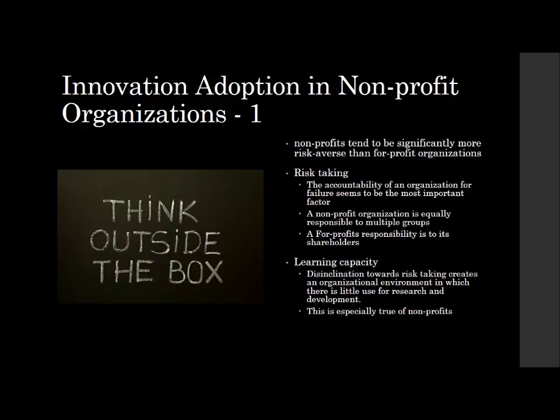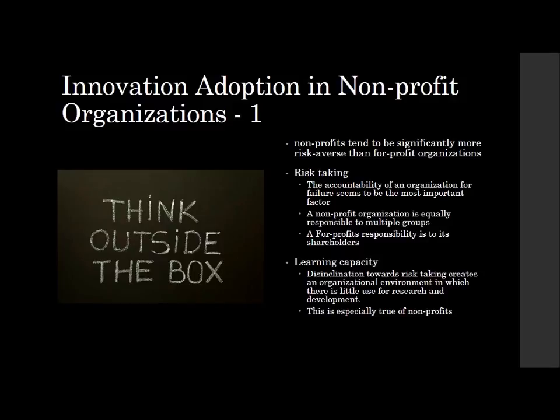Risk taking involves an organization's capacity for risk, its ability to take risk, and its willingness to do so, to think outside the box. The accountability of an organization for failure seems to be the most important factor.